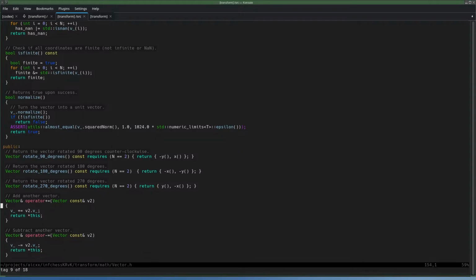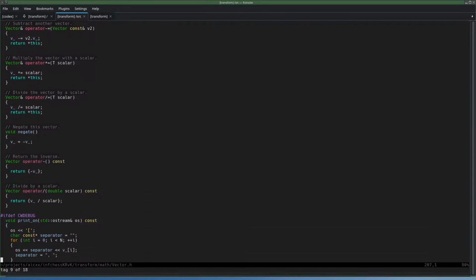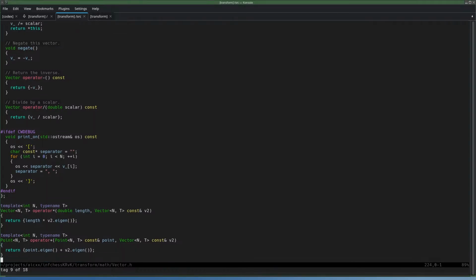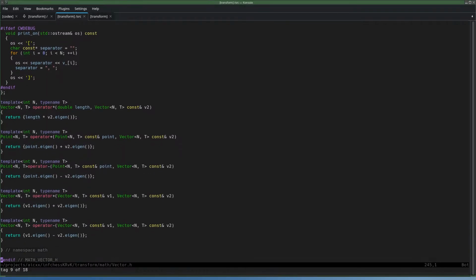I mean, I define stuff like this, which I wanted to have for some reason. Mostly because of this. Treat the points and vectors differently.